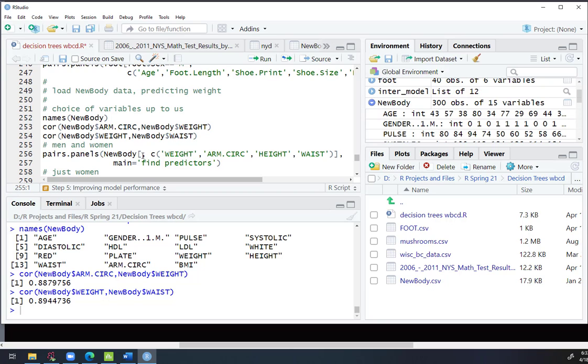And I want all the rows, but in the columns I want the weight and the arm circumference and the height and the waist. Weight is what I want to predict, and these are what I think are maybe likely predictors, intuition guiding that. And then I'm going to put a title on it, and the title is Find Predictors. So why don't we do that?